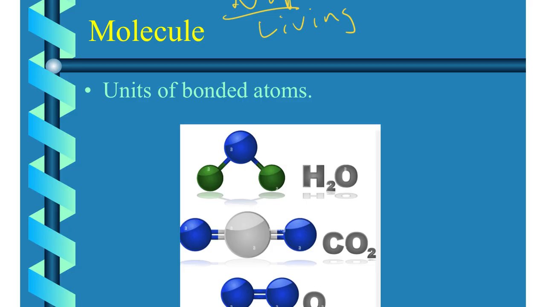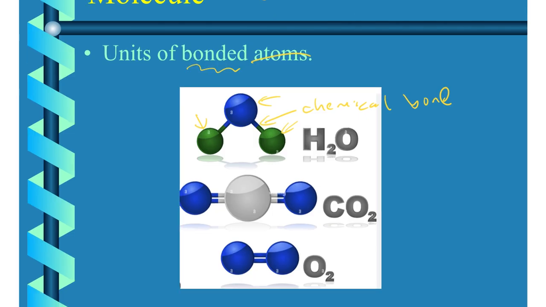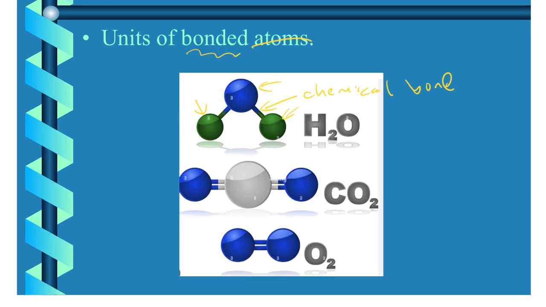So of course, everything is made out of molecules. Molecules consist of chemically bonded atoms. So each of these balls represents atoms. Right there is the chemical bond. Okay, we'll talk about this in a little detail next unit. So we got water, 2 hydrogens bonded to 1 oxygen.